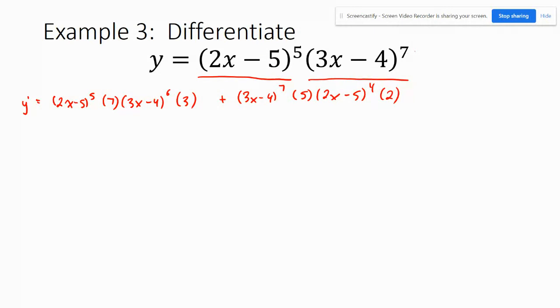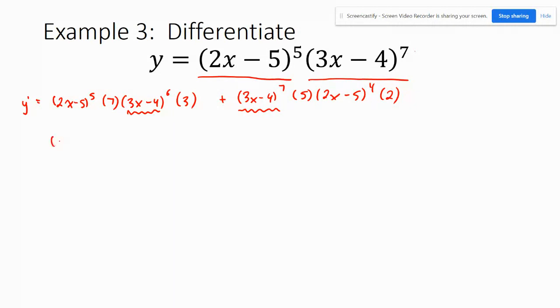Okay, so this is quite a long expression over here, and here's how we're going to simplify it. We're going to simplify this by factoring. We have (3x minus 4) to the 6th and (3x minus 4) to the 7th. Between these two terms, (3x minus 4) to the 6th is common.